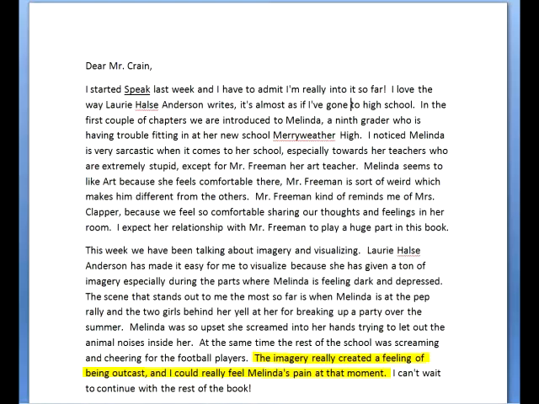I want you to tell me about some parts that you really visualized in your books. Not only do I want you to describe those parts, but I also want you to tell me what effect the imagery had on the way you read it. So, for example, we were talking about how in Speak, the imagery really created a feeling of outcast, a feeling of Melinda being alone and by herself, and that allowed us to connect with her.